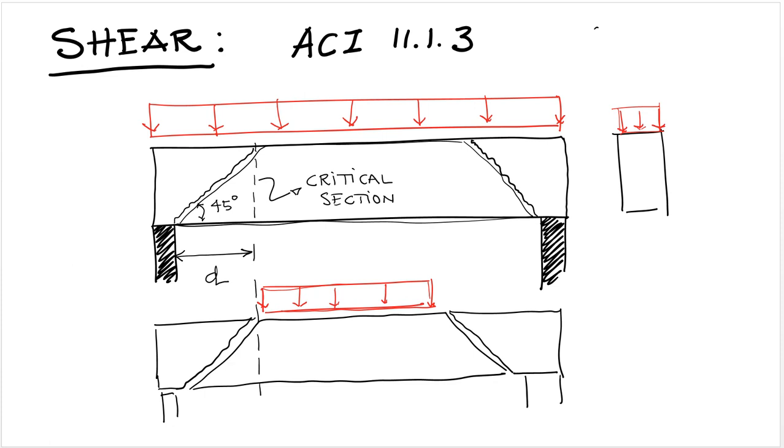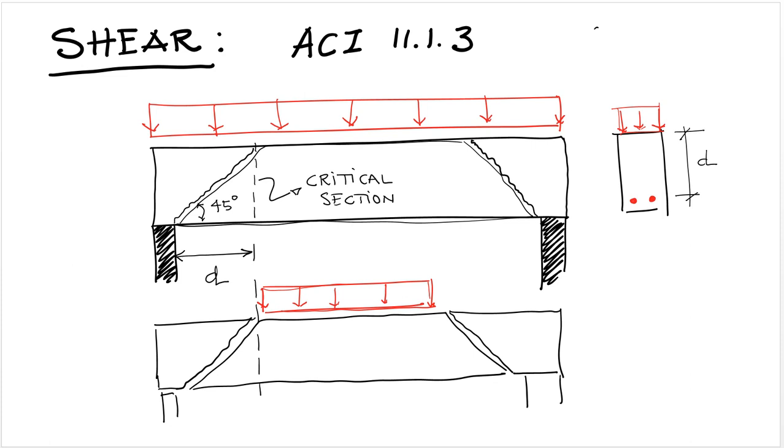Where d is the distance from the rebar in tension to the maximum compression. So that's our d, right? So the critical section is a distance d away from the supports.